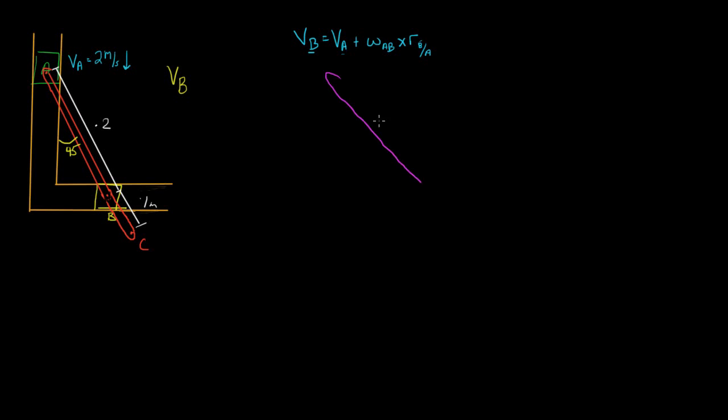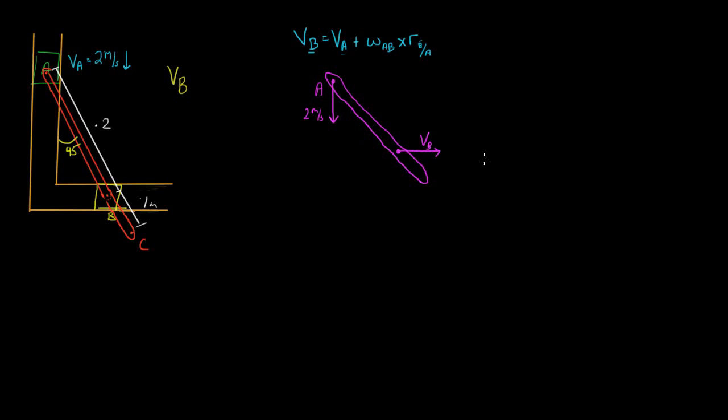So here's this link ABC right here. Here's point A, and the velocity of A is going down at 2 meters per second, and the velocity of B, which is going to be right here, is going to be going to the right at some speed.